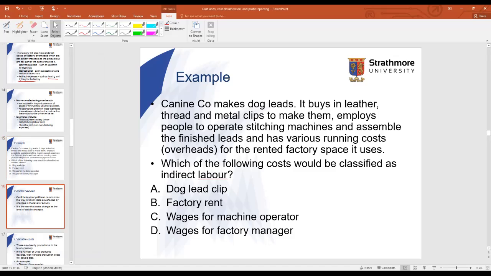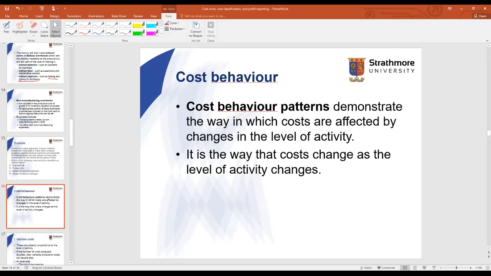But you can classify costs based on behavior, called the behavior patterns. How does the cost change with changes in the number we are producing? If we produce more, how does the cost behave? If we decrease the units, how does the cost behave? An example is the rent you pay for the factory. If we produce more, it remains constant.